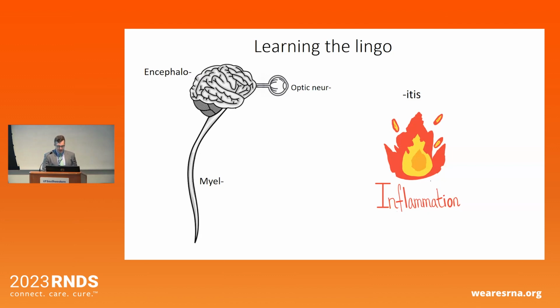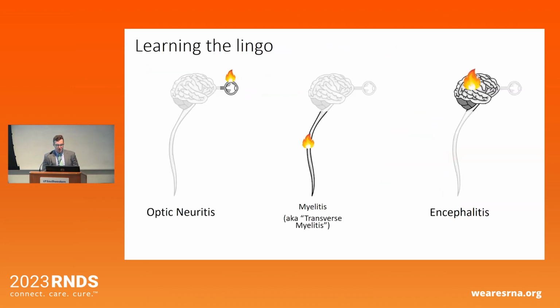So putting it all together, if you have inflammation in your optic nerve, that is optic neuritis. If you have inflammation in the spinal cord, that is sometimes called myelitis, or also transverse myelitis, which we'll get into a little bit. And if it's in the brain, that is encephalitis.